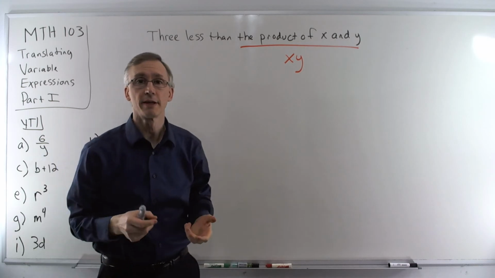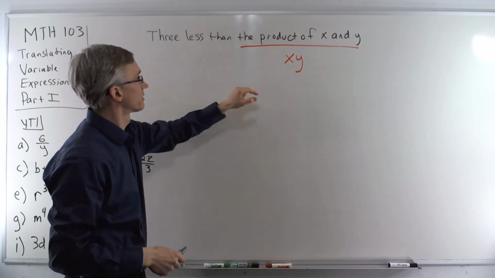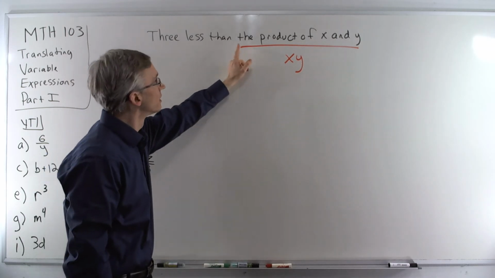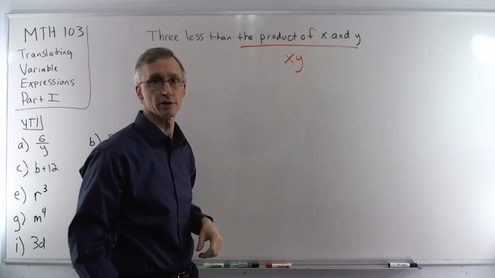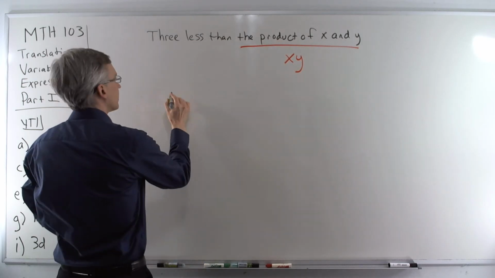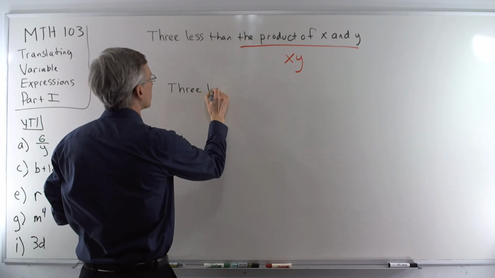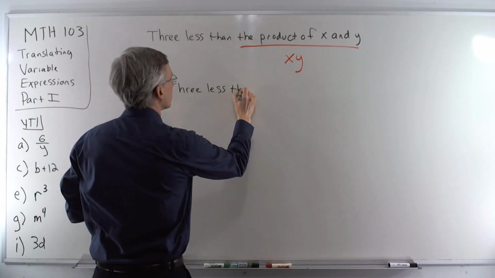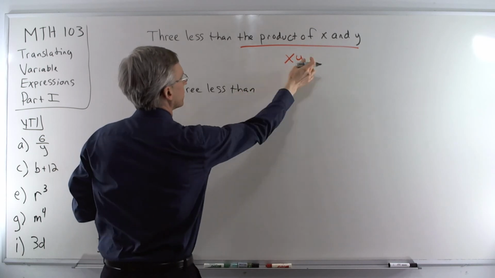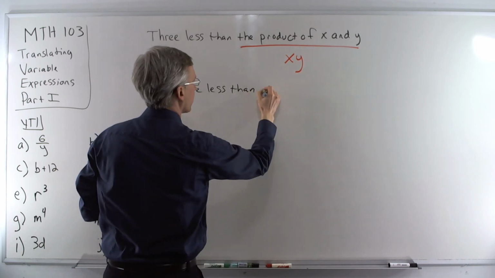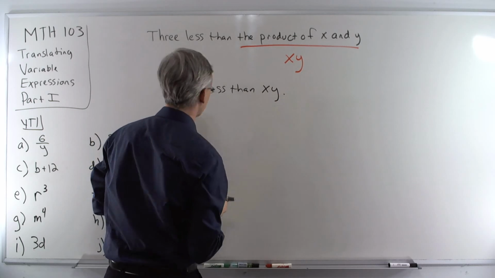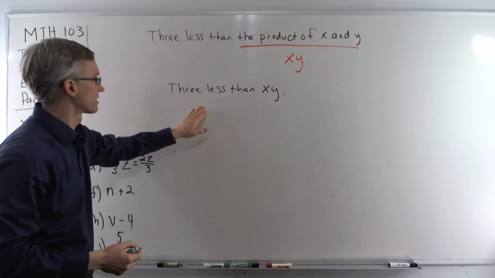Now it's a good idea in the beginning to rewrite the sentence replacing the phrase with its expression. So that would be 3 less than, and then instead of the product of x and y, we'll just write xy. And now we'll translate this.